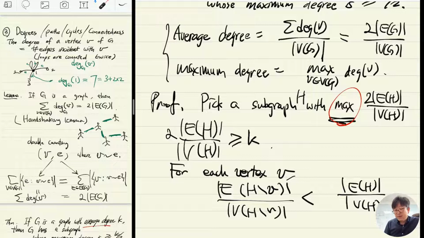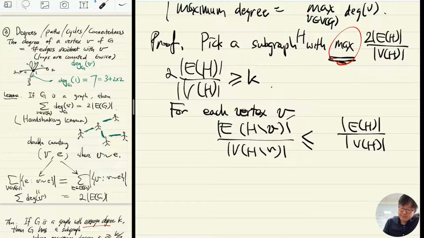Why? Because if it increases, you will choose H minus v instead of H. Now, what does that mean?